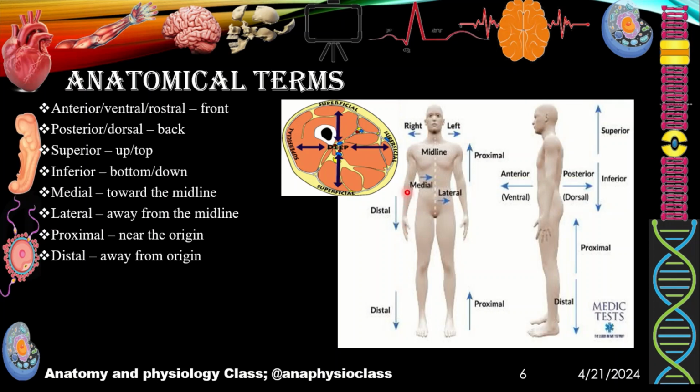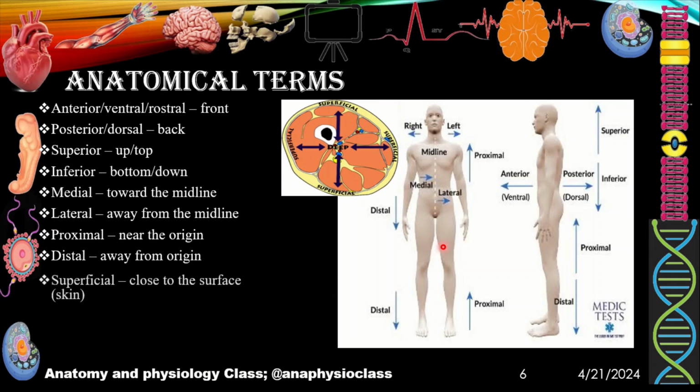Or we can say the forearm is proximal to the hand, meaning the forearm is nearer to the origin than the hand. Just like we can say the hand is distal to the forearm, meaning the hand is farther from the origin than the forearm.